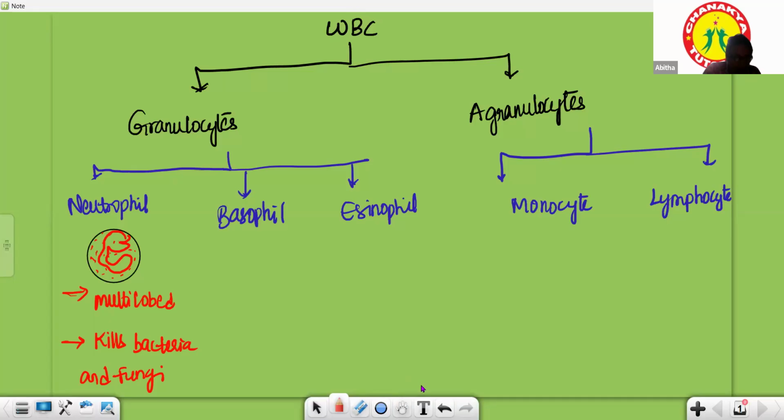Next one, basophil. Basophil has a bilobed nucleus. There are two lobes in basophil.